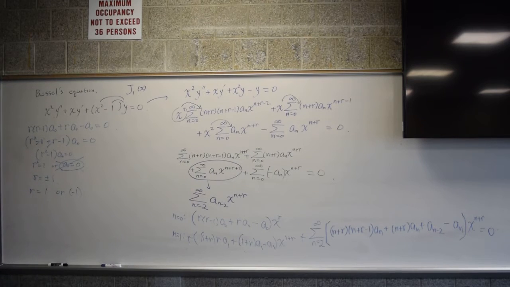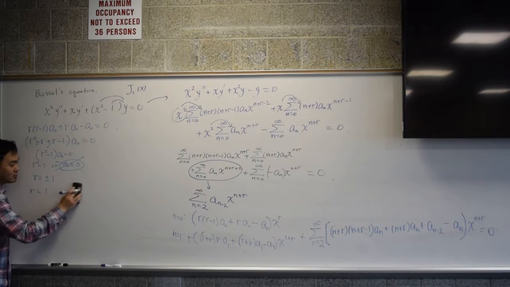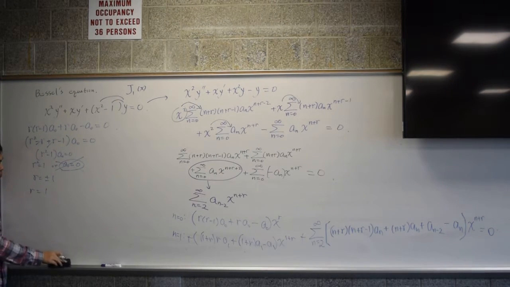But since I just wanted to demonstrate the Frobenius theorem by trying to solve Bessel's equation, I'll just take the higher one because I know that always exists, and I don't have to worry about whether I should put the log of x or not. Okay? So I'm going to delete this. I'm only going to work with r equal to 1.